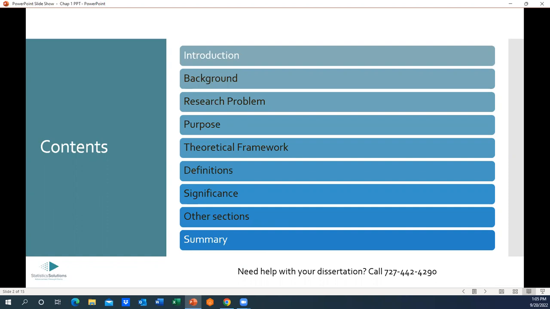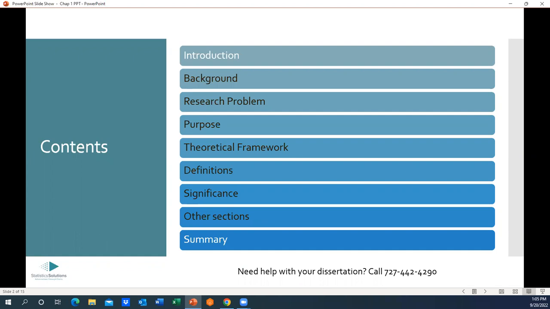It's going to introduce the reader to the topic, what you're doing. It's also going to talk a little bit about the why. In other words, why are you conducting your study? Why is it needed? Why is it important? So the why question will also be partially answered in chapter 1, and also the how question.